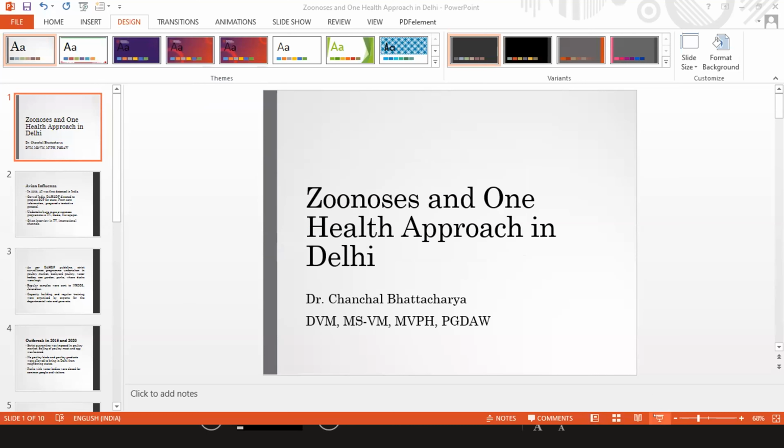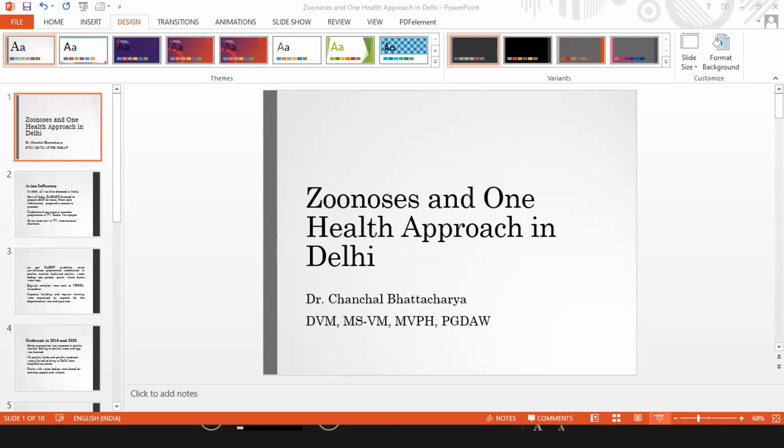We have already prepared a state action plan draft proposal through the Animal Husbandry Department, and we have submitted this proposal to the National Center for Disease Control for further consideration and correction. Here we have suggested some stakeholder-based policies on how it will be implemented in Delhi.